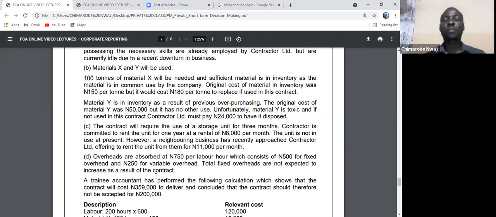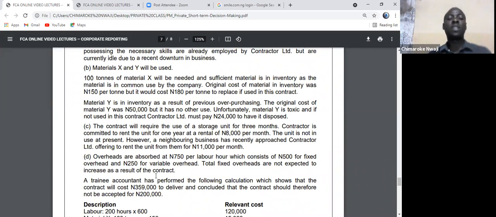So we said in our first class that fixed costs are unavoidable costs. You cannot avoid this 500 naira, you must spend it. Whether you do the contract or not, you must spend it. And I said before, the 500 naira would have been taken care of by your normal jobs.